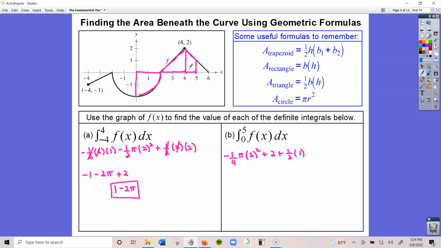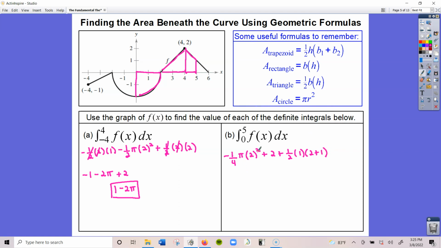Again, because it's perpendicular to my bases. So these are always the bases of the trapezoid because they're parallel. And now base 1 plus base 2. Base 1 I'll say is 2 plus base 2, which is 1.